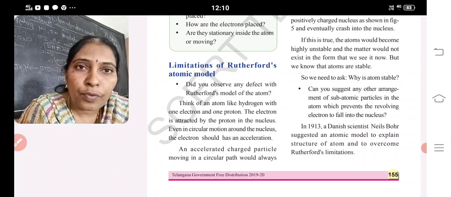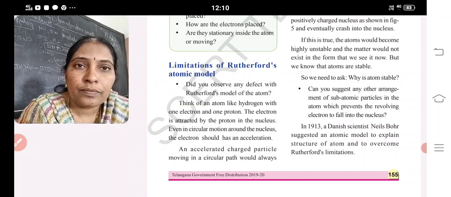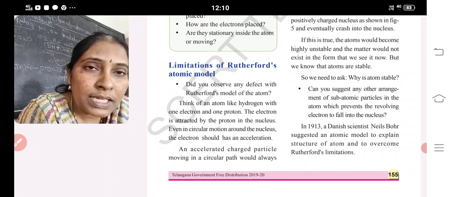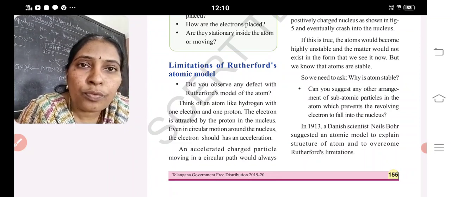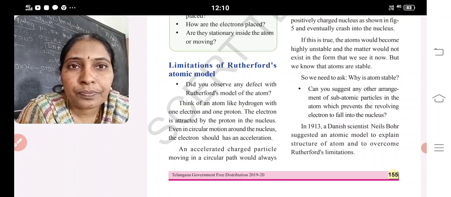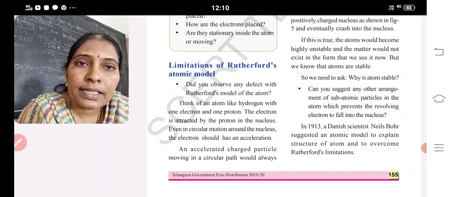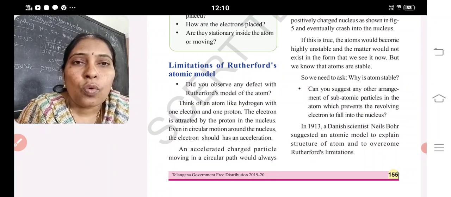Rutherford took alpha rays which are emitted from uranium, that is alpha, beta, gamma rays, and a thin gold foil which is in the form of a coil. When he passed the alpha rays through that gold foil, what he observed? All the rays passed through it. Only a few rays are deflecting back at the center.